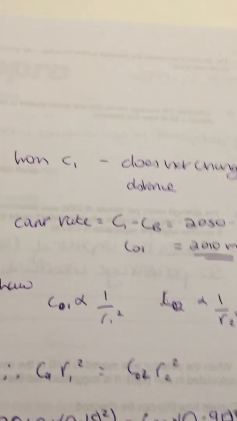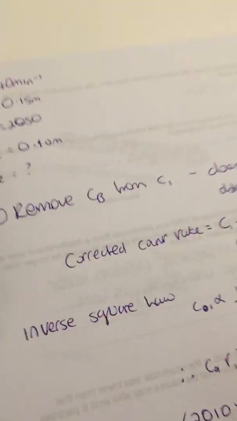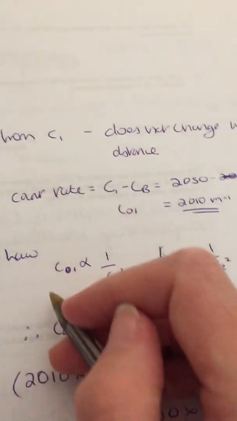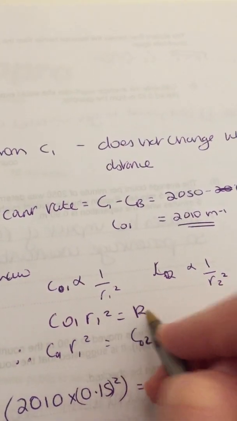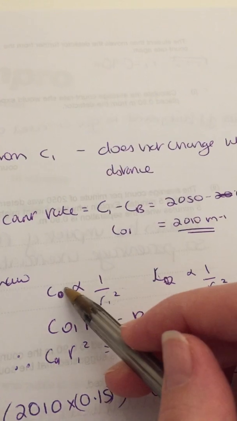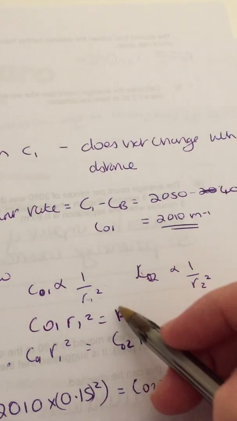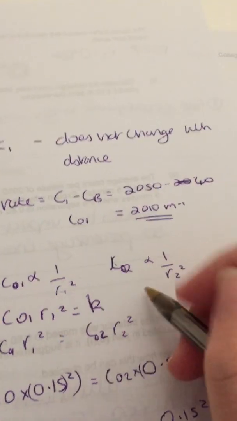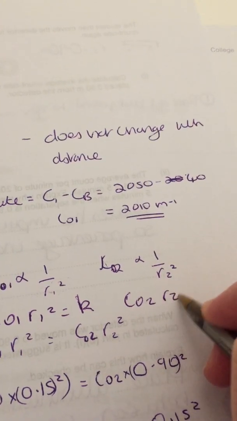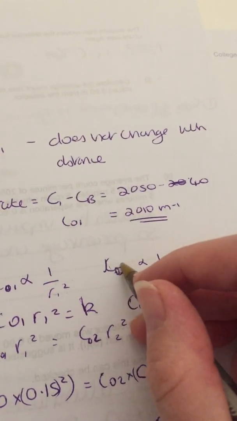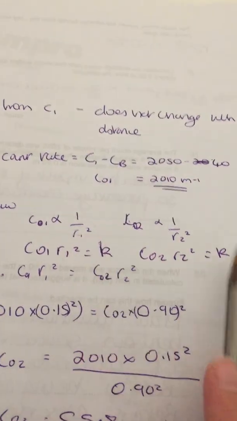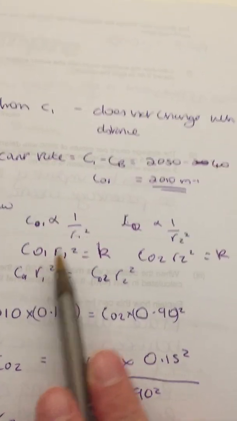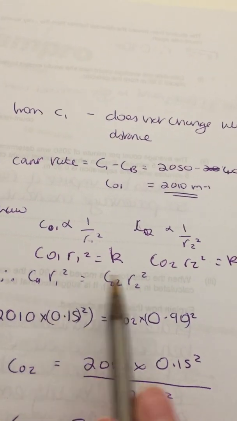That means that CO1 times R1 squared is equal to a constant K. And CO2 times R2 squared, cross multiplying again, is also equal to a constant. And those constants are the same. So we can put these two terms equal to each other, which is what I've done here.